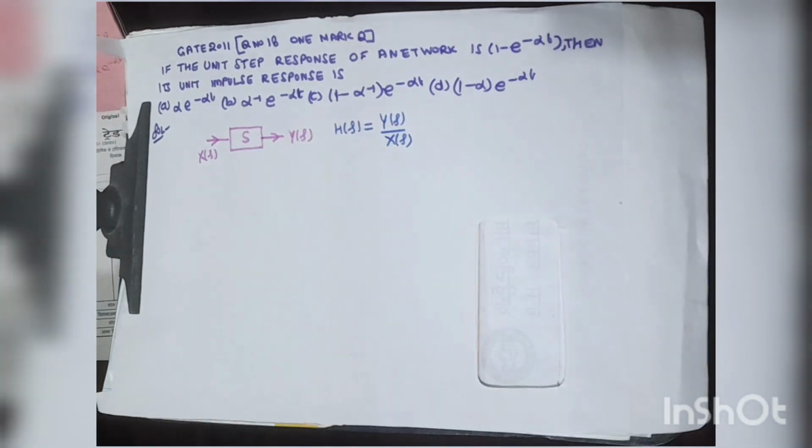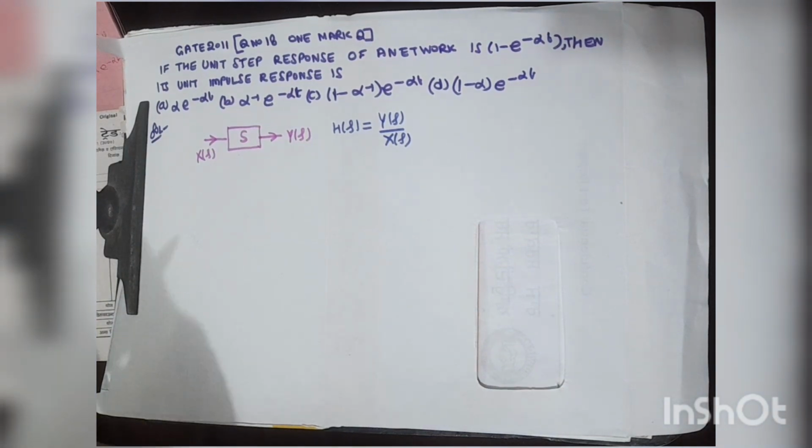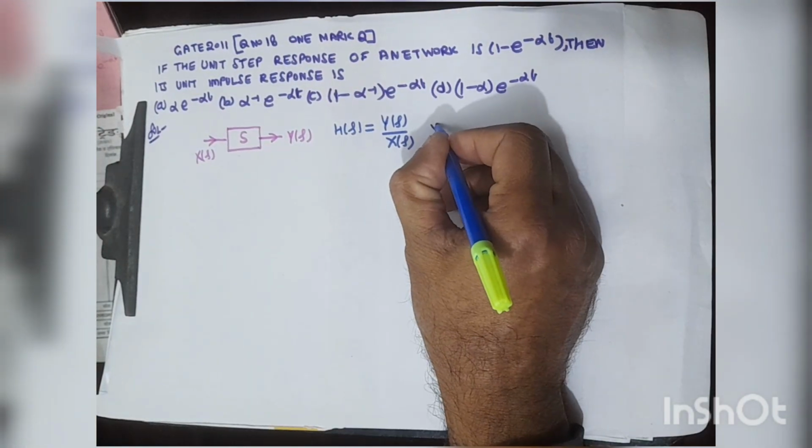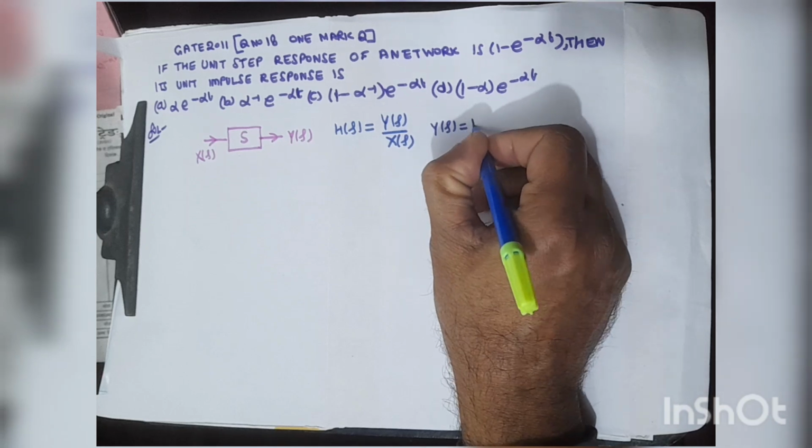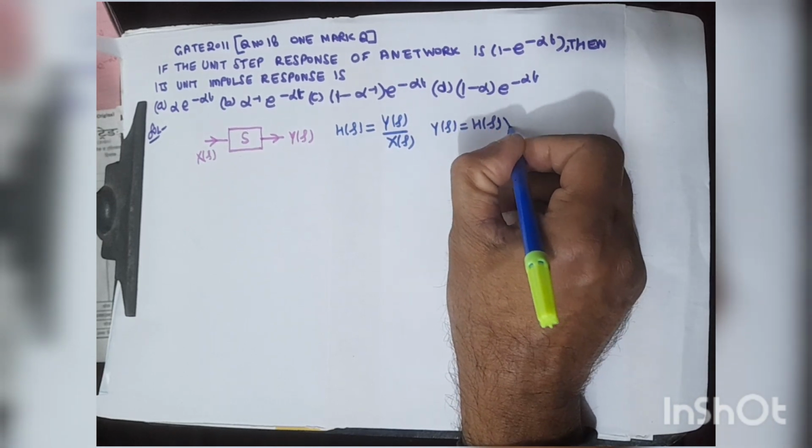Then for any input we can calculate the output using the formula Y(s) = H(s) multiplied by X(s).